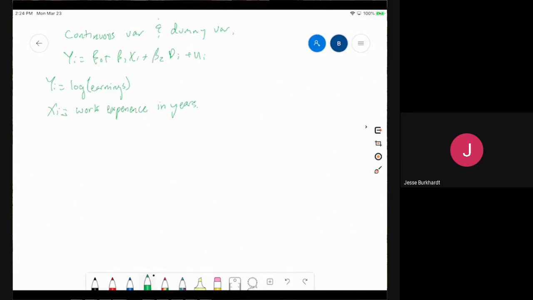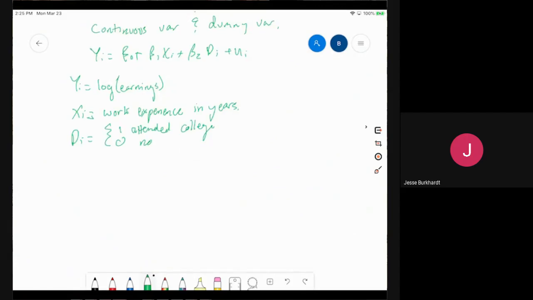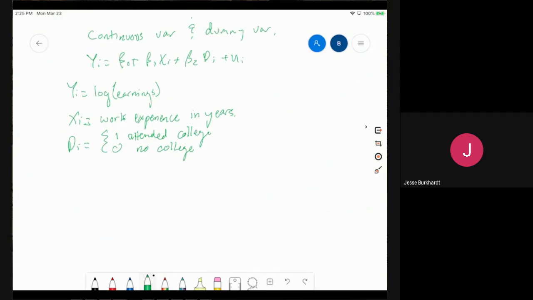And di is going to be 1 if attended college, 0 if no college. How do we interpret this? Beta 2 is the difference between the intercepts of the two possible regression lines. So all di is doing in this equation is adjusting the intercept.